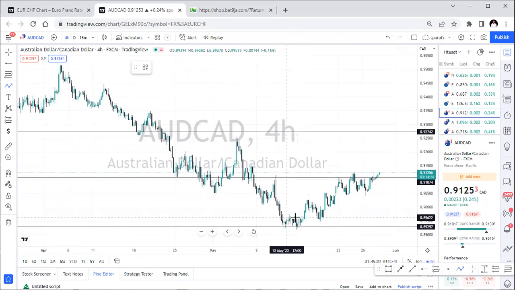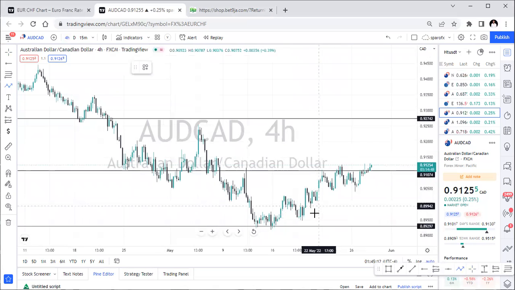Then it breaks this internal structure, comes back for a retest, then moves to the upside. Break the structure to the upside, come back for a retest, move to the upside. Break the structure, come back for a retest, and move to the upside. After this break of market structure here, the market came back and created a double bottom.